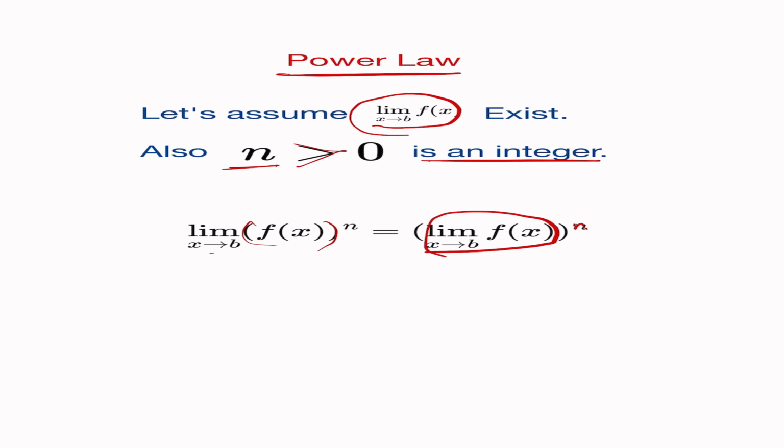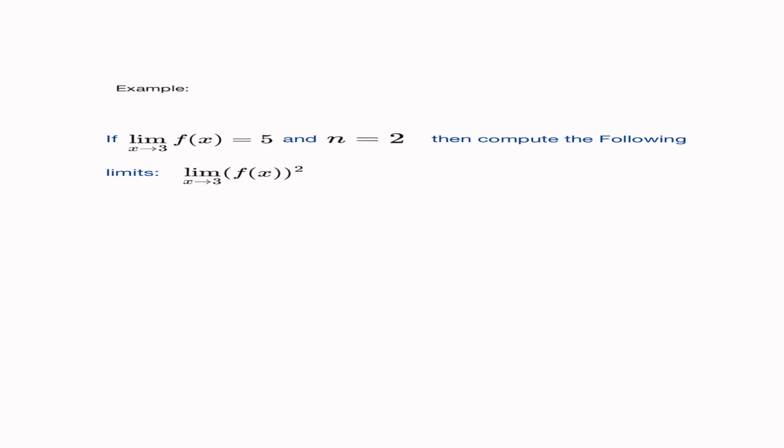Okay, so let's do an example. Let's say we have the limit as x approaches 3 of f of x equal to 5, and n equal to 2. Then what will be the value for this one? It says the limit as x approaches 3 of f of x to the power 2.